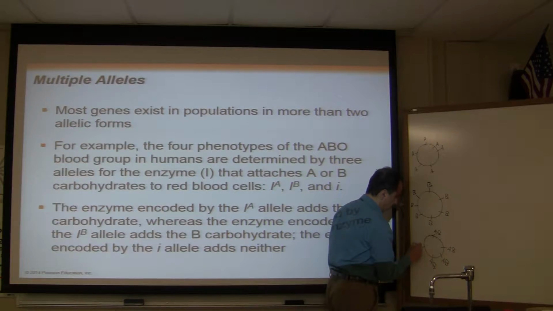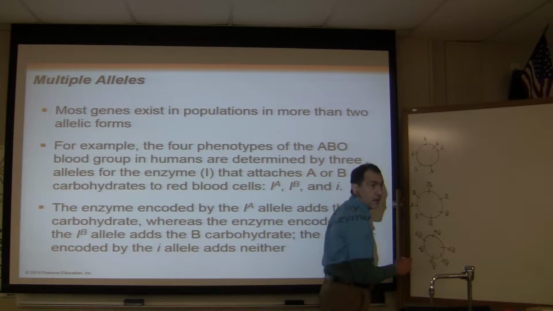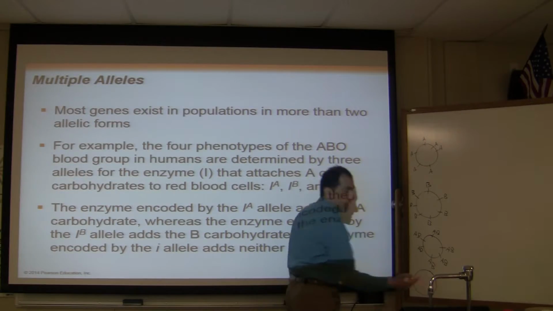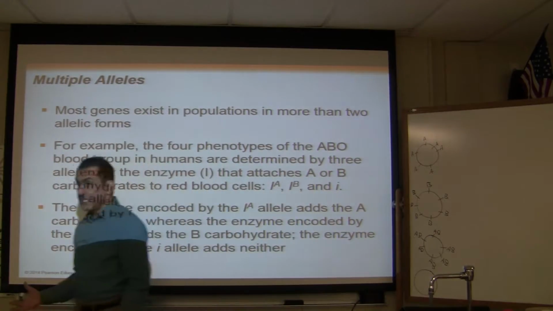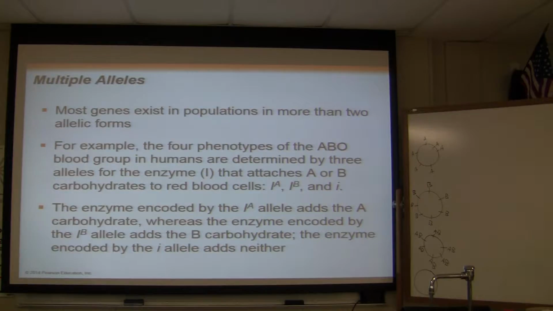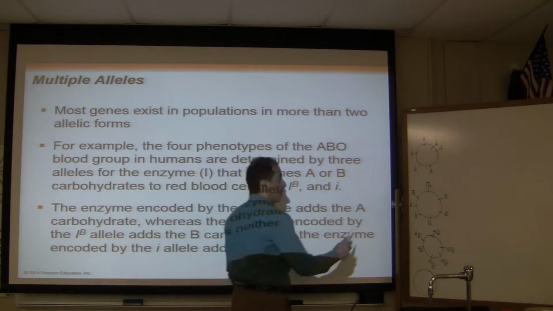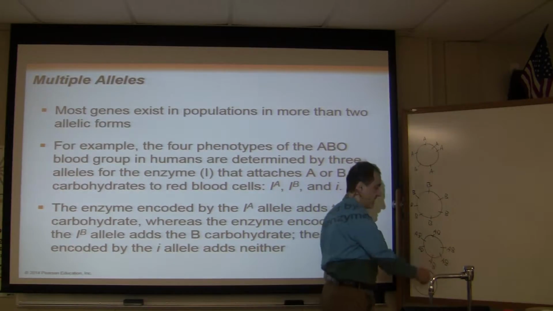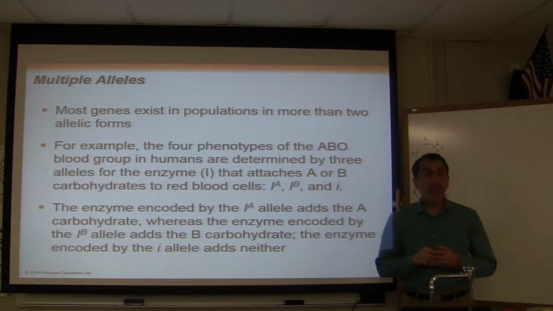And then what other possibility do we have? O is the other possibility. That person does not have any type of carbohydrates. We are talking about the carbohydrates on the surface of the red blood cells. That person has A, the type of carbohydrate called A. The type of carbohydrate B, and AB, and O does not have any.